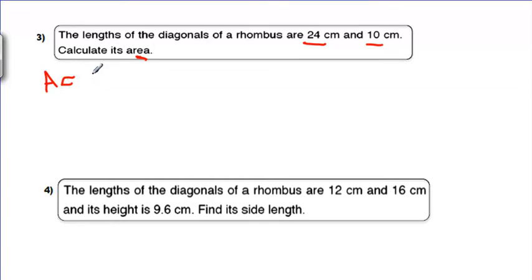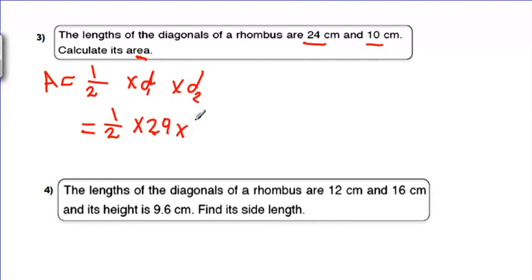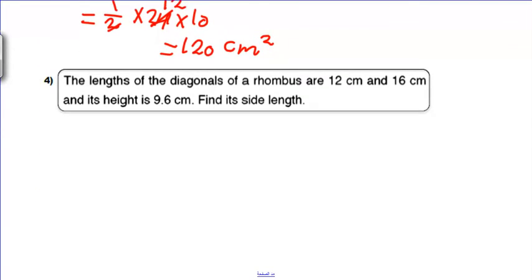Area equal half times d1 times d2, equal half times 24 times 10, it will be equal 120 centimeter square.